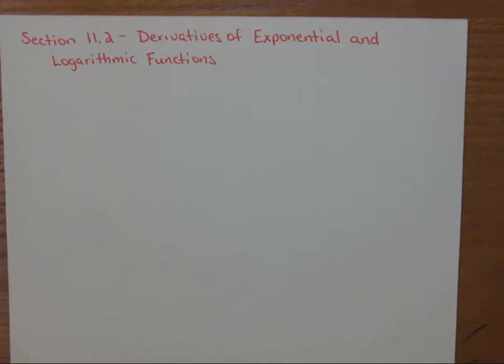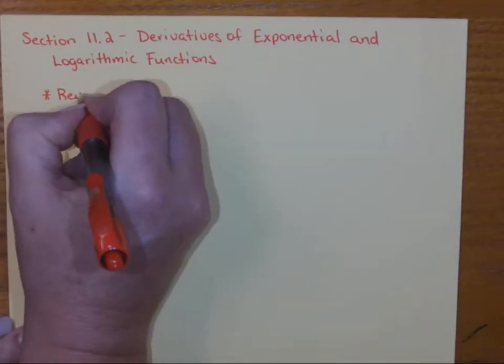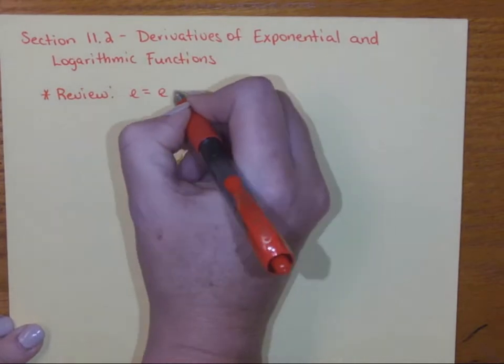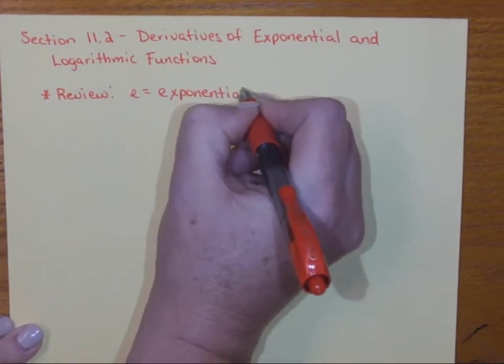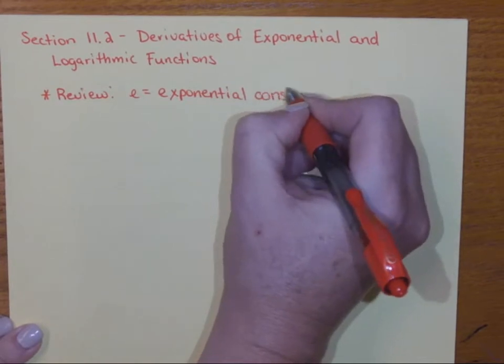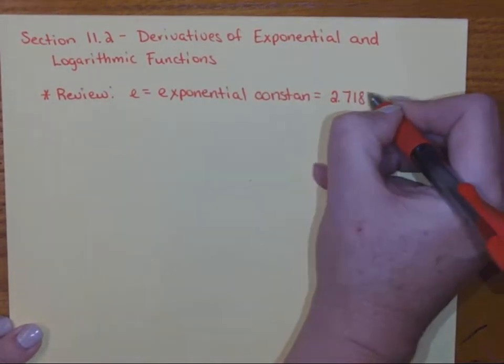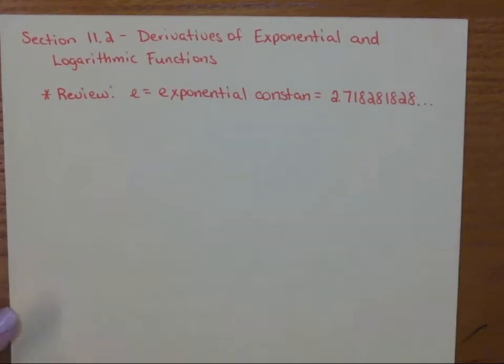I know we just did it in the warm-up, but I want to make sure that it's in your notes too. So if we review as we go, e is the exponential constant. It is the number 2.718281828, and then that repeats.